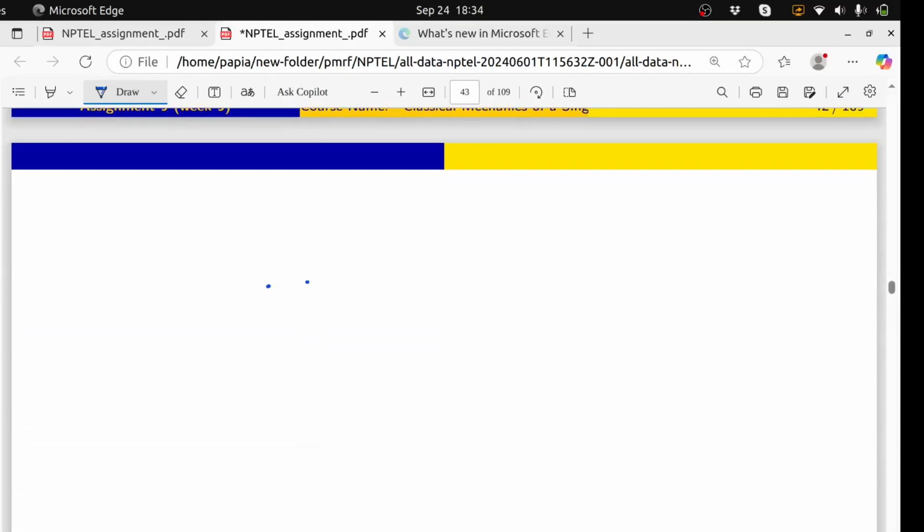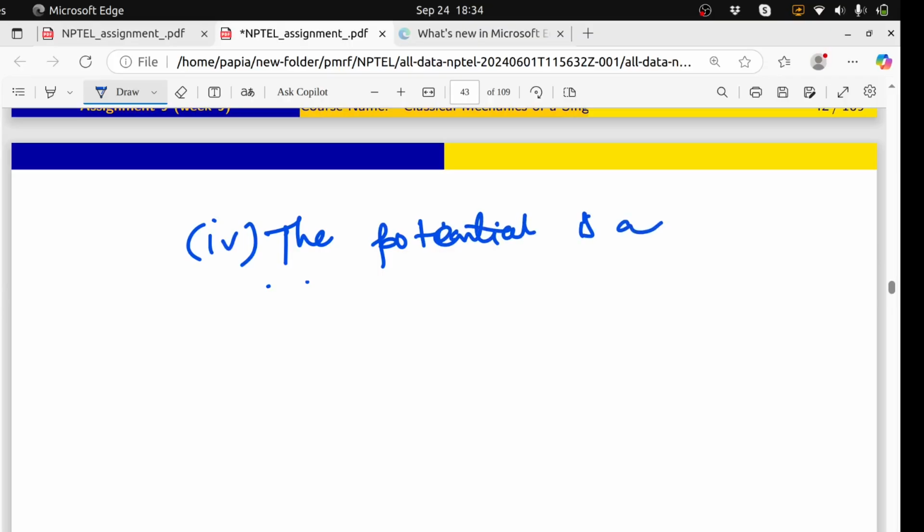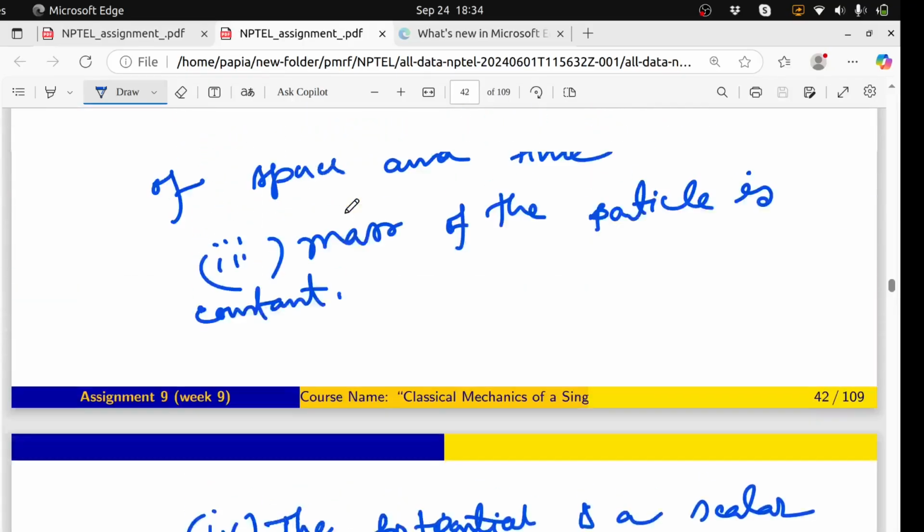Now the fourth one is the potential is a scalar potential. Okay, so these are the things.